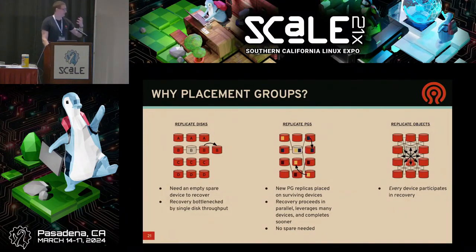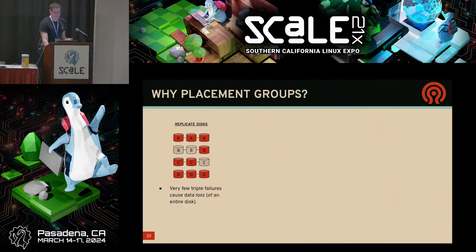The OSDs track the history of those individual placement groups, and when an OSD fails, maybe it had 20 placement groups, so all the OSDs which also held one of those placement groups go, I lost one of my peers, I lost one of my copies, who's the new person in charge? Tell them they're in charge, and let's get on with life and recover the way we need to.